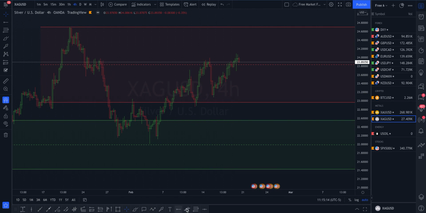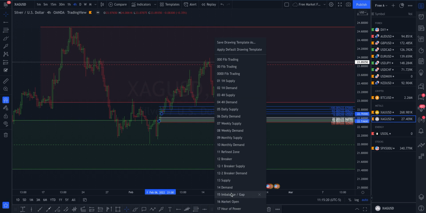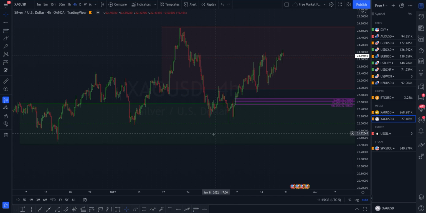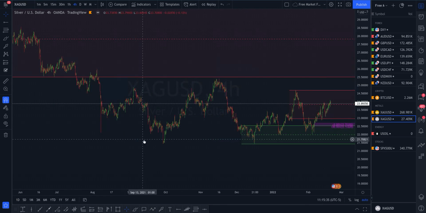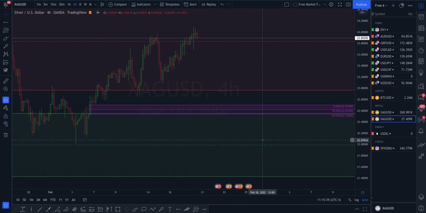Now let's see if we can find some areas. So we have imbalance there. We have any more imbalance? All right, no more imbalance on the downside right there. Not even there. Okay. Yeah.